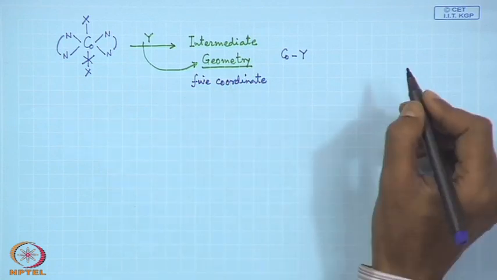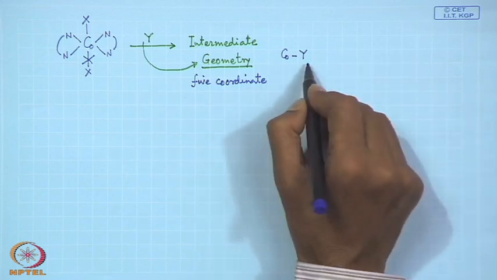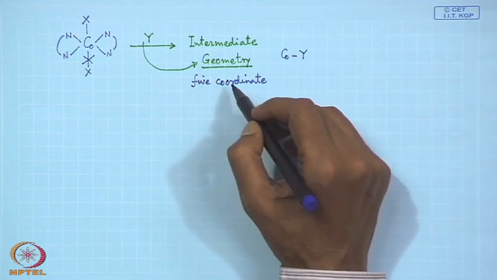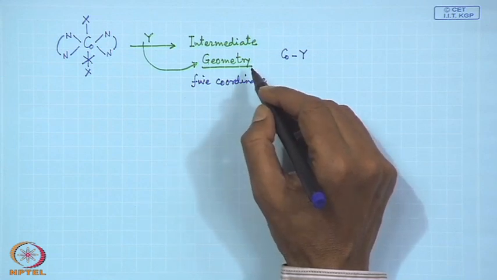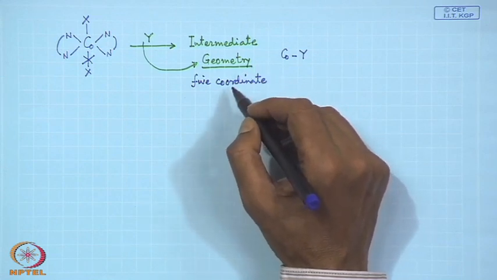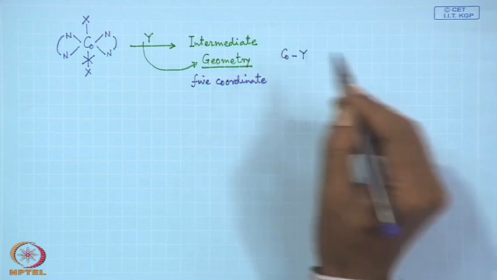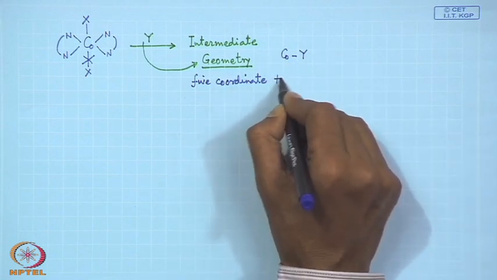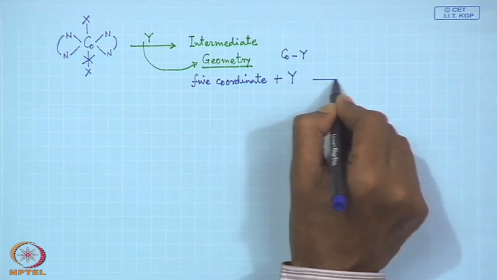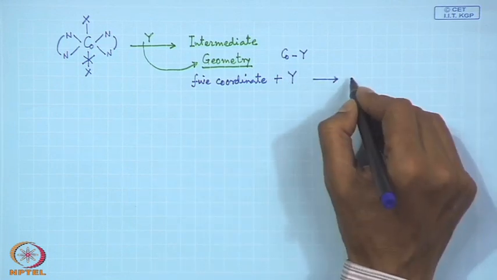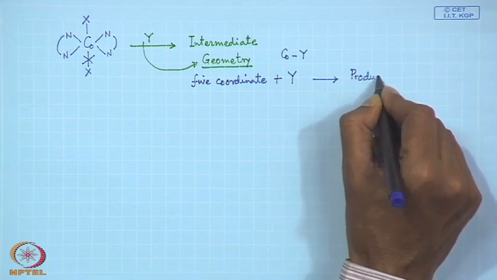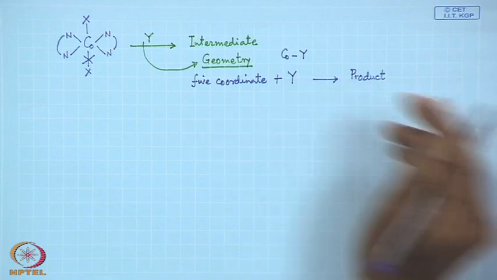It is a 5 coordinate intermediate, and the new cobalt y bond will form depending upon the intermediate geometry, and from where the y will enter the corresponding geometry. That means, in this particular step we have the 5 coordinated one, and y is added to give rise to the corresponding product.